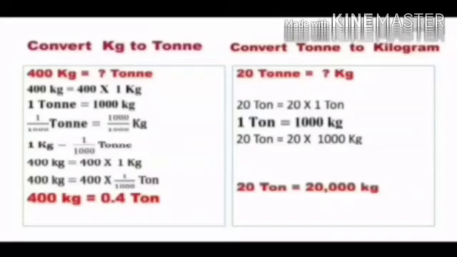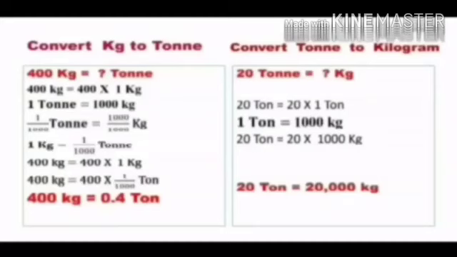So we get 400 kilogram is equal to 400 times 1 over 1000 ton. Finally, we have 400 kilogram is equal to 4 by 10 tons. We can write 400 kilogram is equal to 0.4 ton.